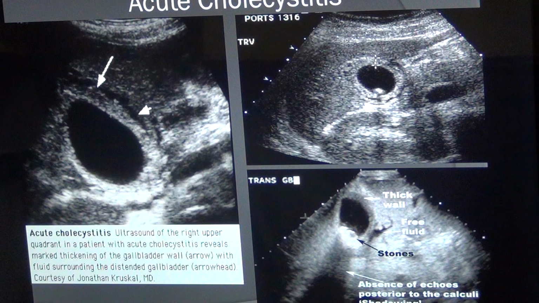Most of the time these stones obstruct the gallbladder neck or common bile duct, and as a result there is stagnation of bile in the gallbladder. Sometimes the stone causes irritation to the gallbladder wall, there is erosion and bleeding, bacteria get invited, and the bacteria infect the wall.